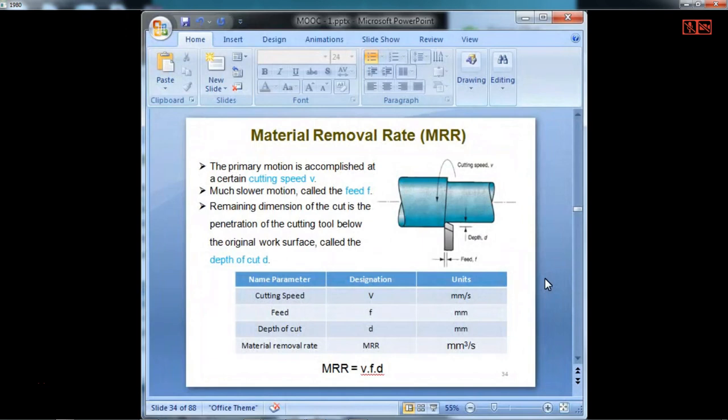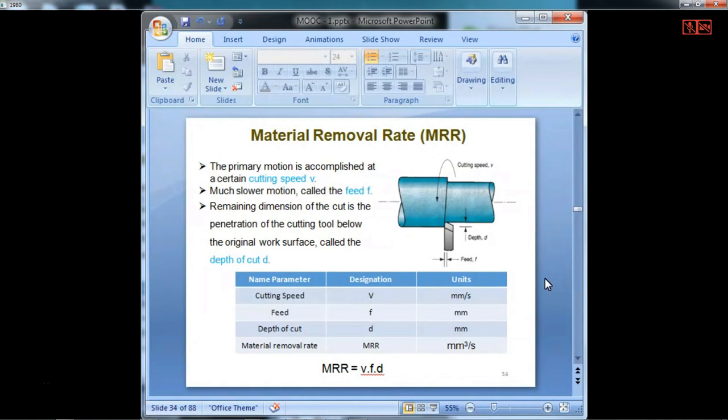Then the important aspect in turning is to calculate the material removal rate, generally called MRR. What is the amount of material removed? That is very important, because the economics and the time required all depend on the material removal rate.